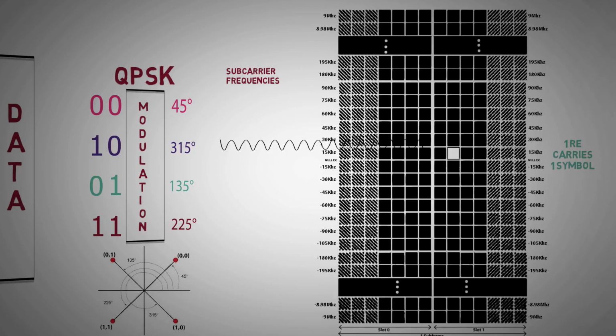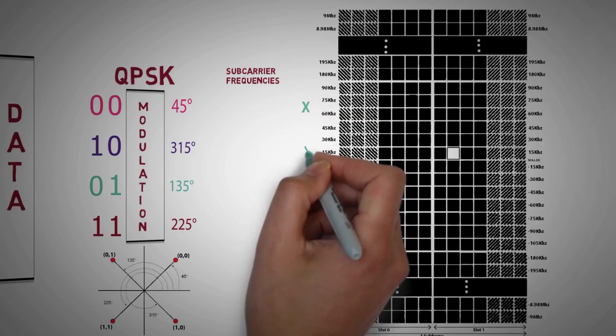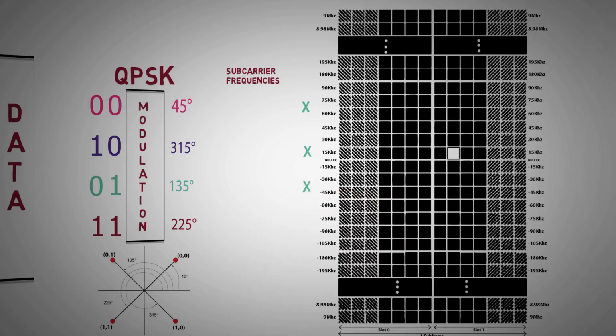Finally, data is placed over the resource elements by adjusting the phase and amplitude of the subcarrier to those derived for the data stream. Mathematically, it means multiplying the complex modulation symbol by the corresponding subcarrier frequency.